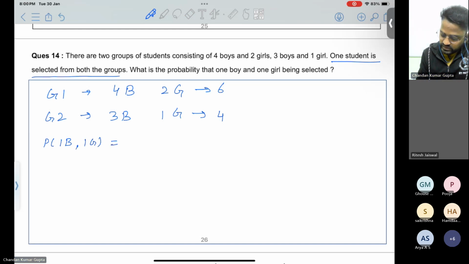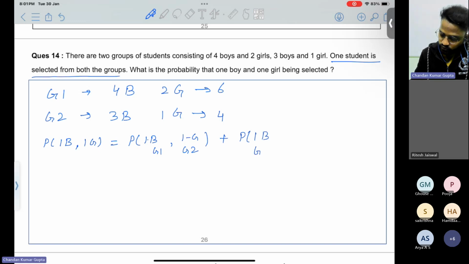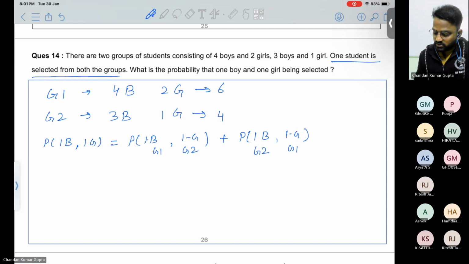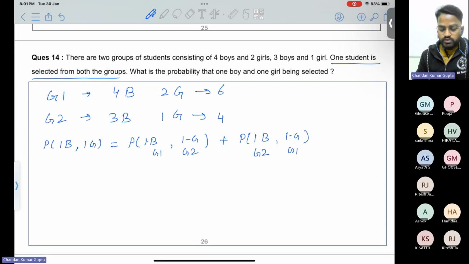So the probability that 1 boy from group 1 and 1 girl from group 2, either this case, or 1 boy from group 2 and 1 girl from group 1. Is it the only case possible? Because we need to select 1 boy and 1 girl from both groups, so either the boy comes from group 1 or from group 2, and similarly the girl.